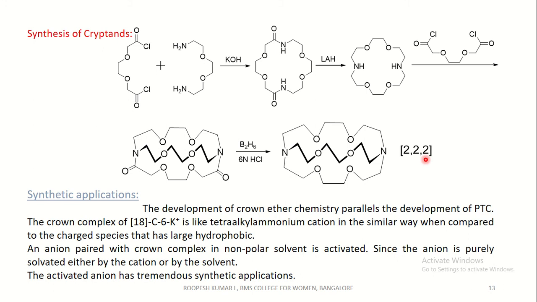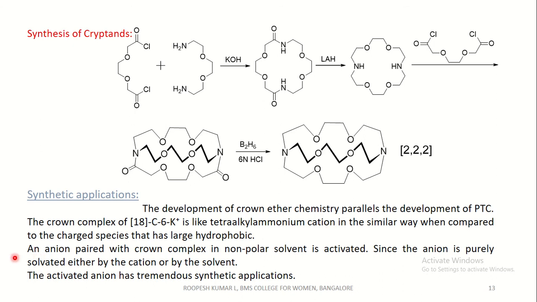The crown complex of 18-crown-6 with potassium is like a tetraalkyl ammonium cation. In a similar way, when compared to the charged species that has a large hydrophobic part, this crown complex is similar to the PTC, which has a tetraalkyl ammonium cation.